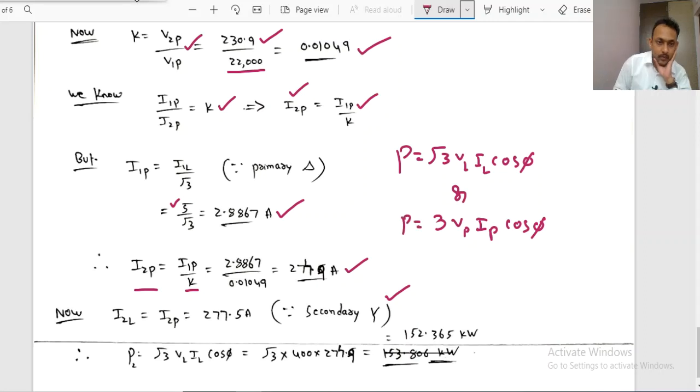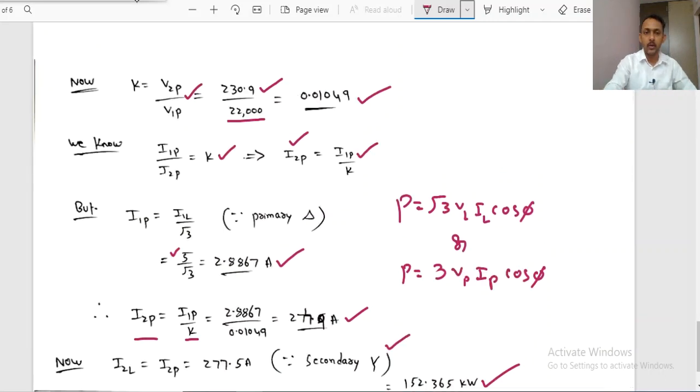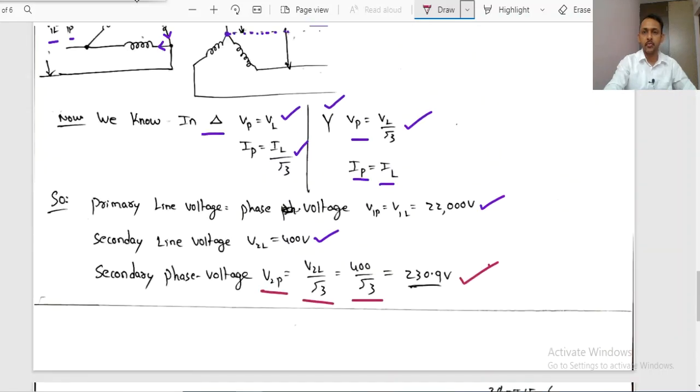Based on that, root 3 VL IL cos phi, where line voltage is 400 and line current is 277.5, you will get around 152.365 kilowatt. This is the power output, 152.365 kilowatt. Clear? So this is all about the three-phase transformer.